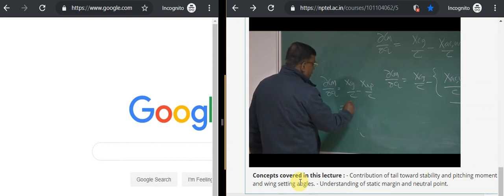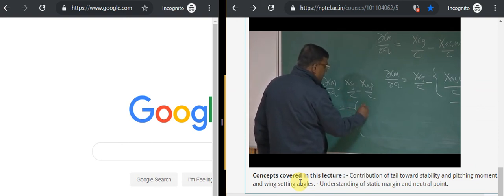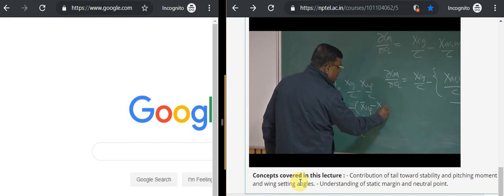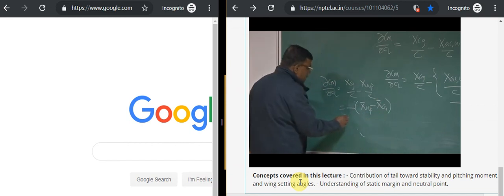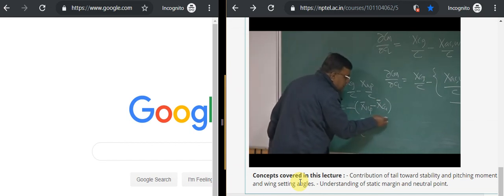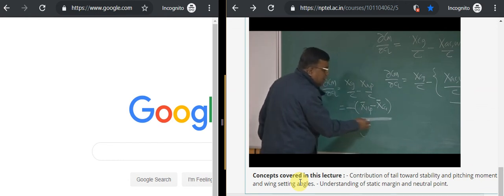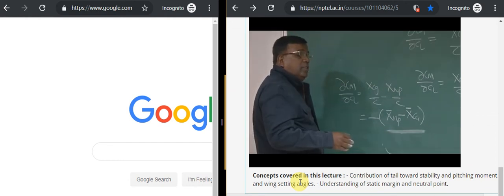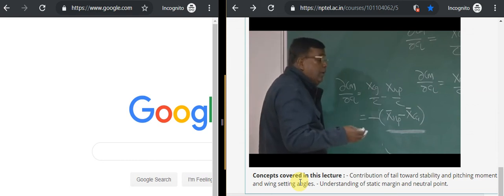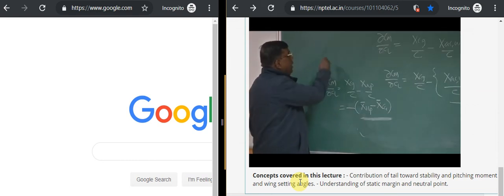During this derivation I was asking up to what point I should take the center of gravity. If the CG is beyond the neutral point, it will become statically unstable. So CG has to be ahead of the neutral point. But the question was, how much ahead?